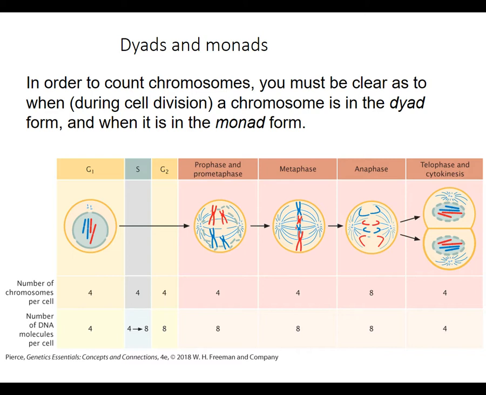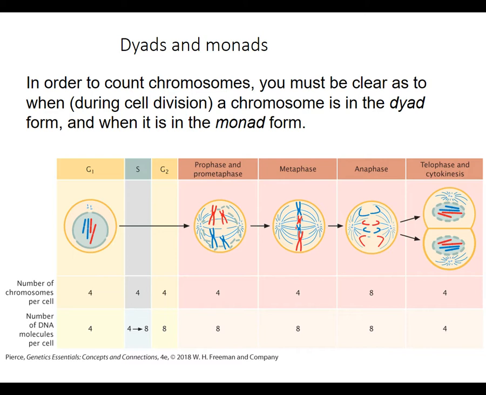This is how I will be able to figure out if you really understand what's happening at every stage of the cell cycle and then later at every stage of meiosis. So this is the cell cycle: G1, S, G2, and then M phase, the mitotic phase, which consists of prophase/prometaphase, metaphase, anaphase, and telophase.